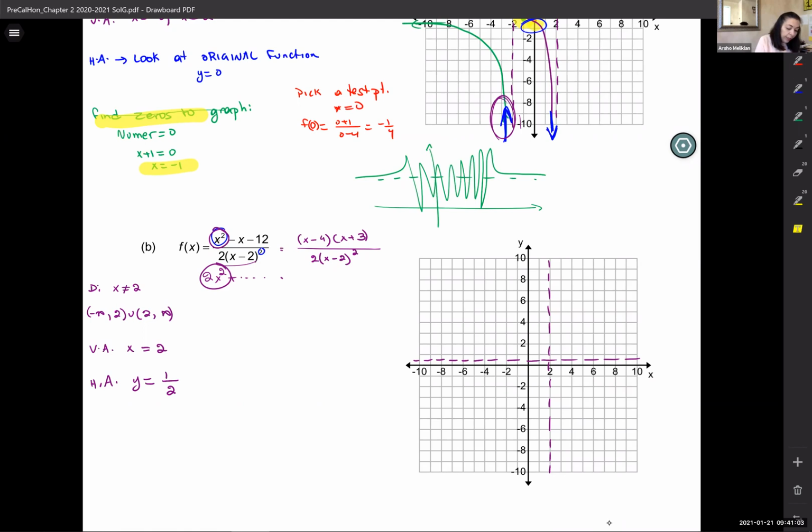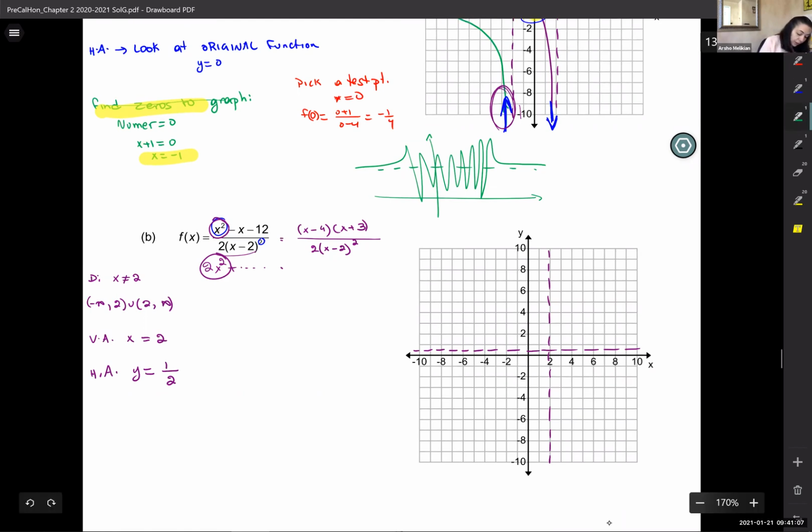Okay. And remember, to graph, I also said it was good to find the zeros. Let's find the zeros. To find the zeros, right, it's f of x equal to 0.